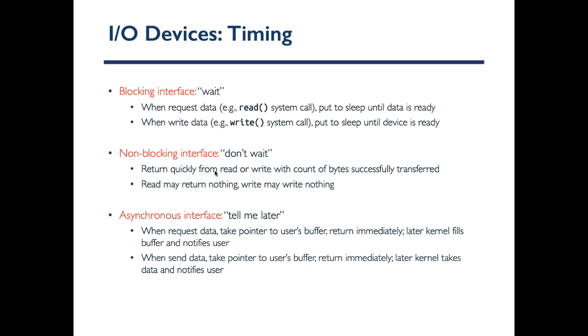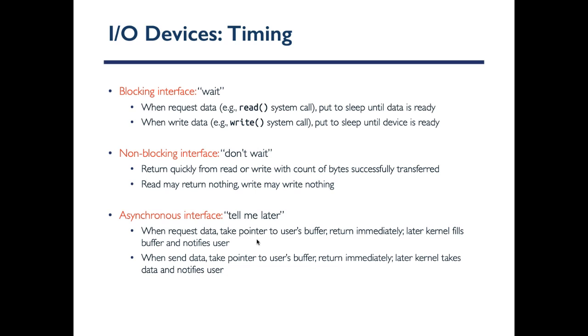Similarly, you can have asynchronous interfaces. Sorry, I think what I described with non-blocking was actually asynchronous. Both asynchronous and non-blocking are non-blocking. But with the asynchronous one, you give a pointer to your device where the data should go, and once the data is there, you get an interrupt that tells you, okay, I'm done, the data is ready.